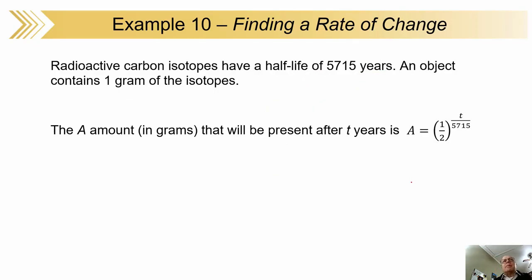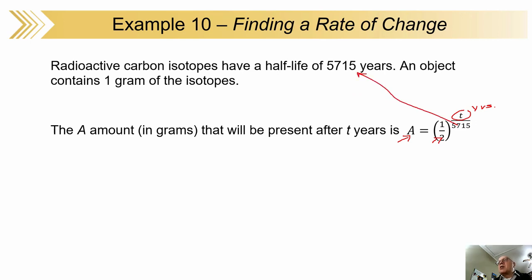Here's the formula. In the formula, A is how much you've got at whatever time you're interested in. The 1/2 represents the half-life. The t represents how many years have gone by until the time at which you're interested. This 5,715 is something associated with the half-life.